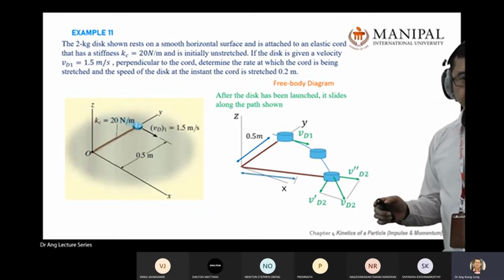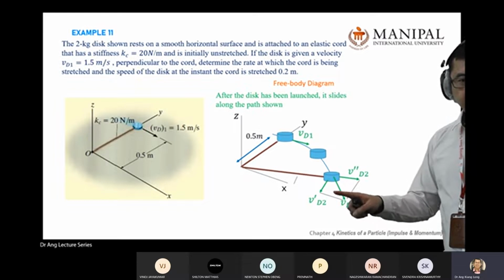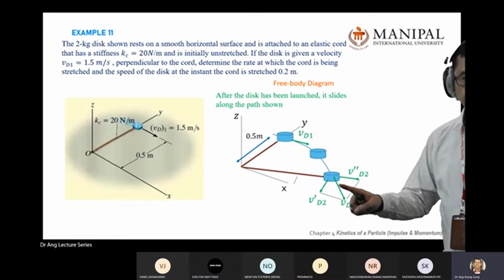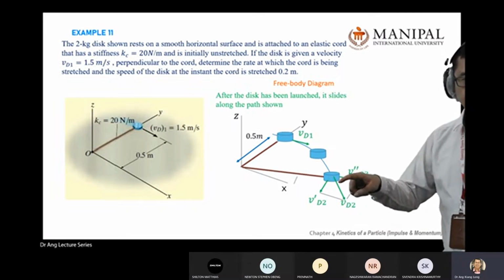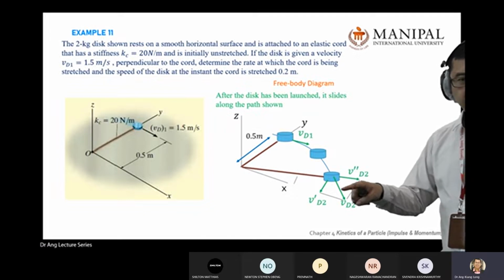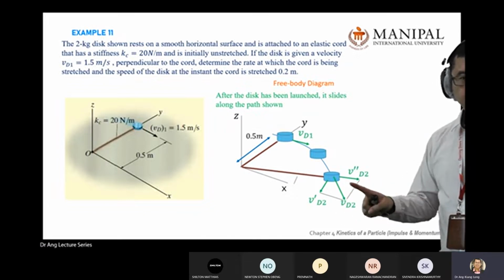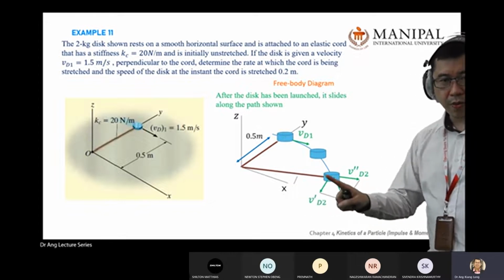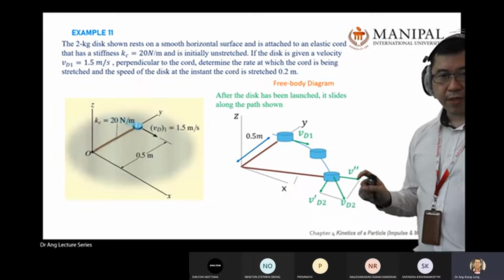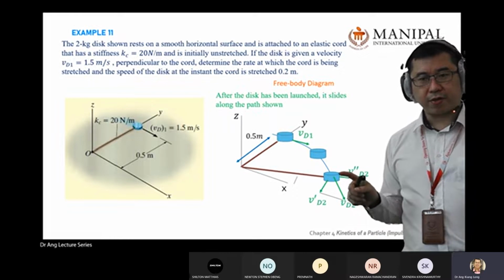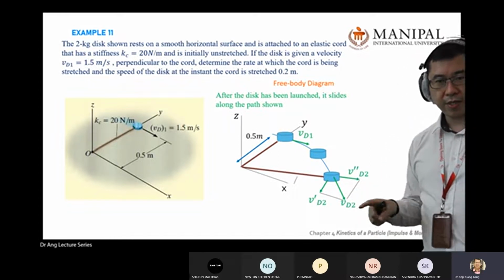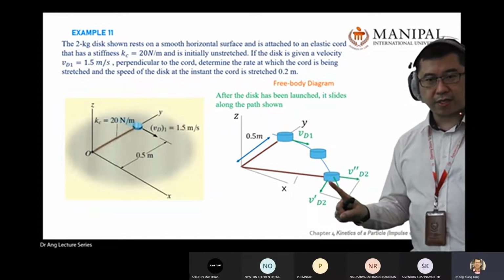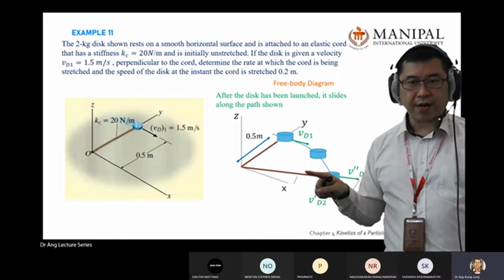But I can split this vD2 component into two. One in this direction, along the normal and tangent directions. This is the tangent, and this is the normal direction, or the r direction.